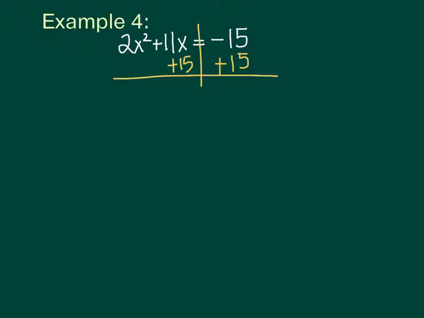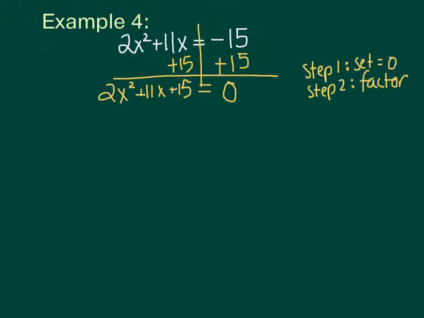So on the left, I now have 2x squared plus 11x plus 15. That 15 cannot combine with the 11x because it does not have an x with it. And this whole thing is going to equal, well, -15 plus 15 is just 0. So now we have met that condition that my quadratic expression must be set equal to 0.